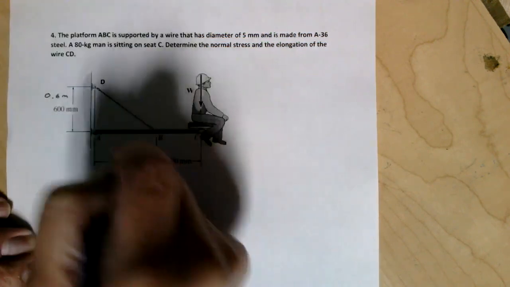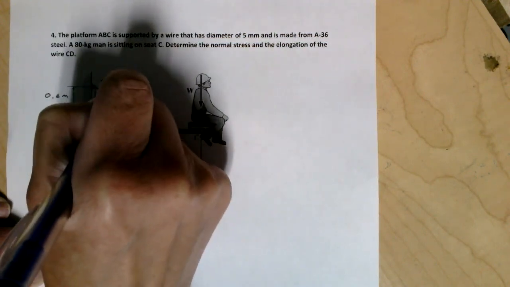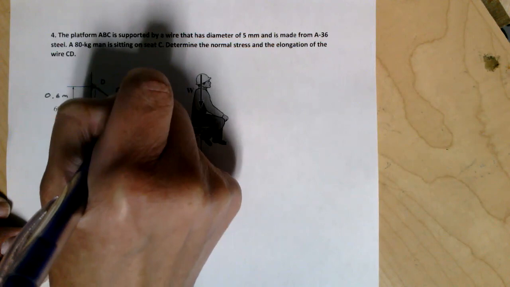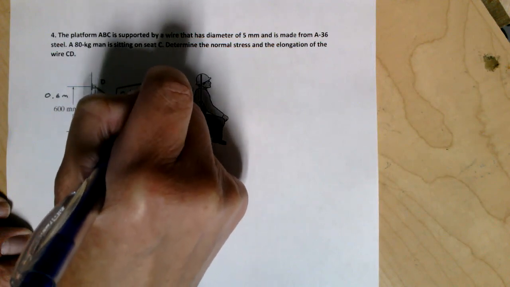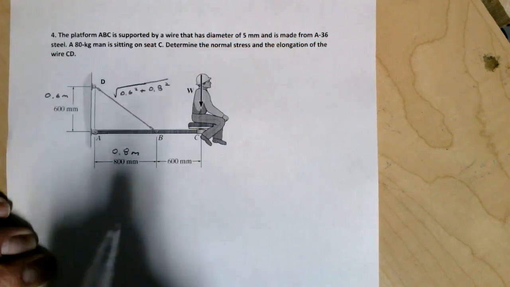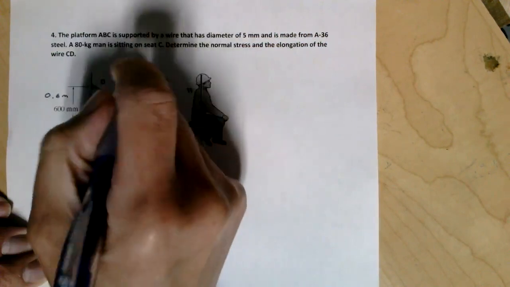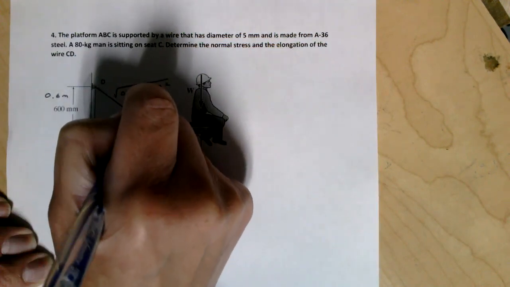So this length right here is going to be the square root of 0.6 squared plus 0.8 squared, and that comes out to 1 meter.